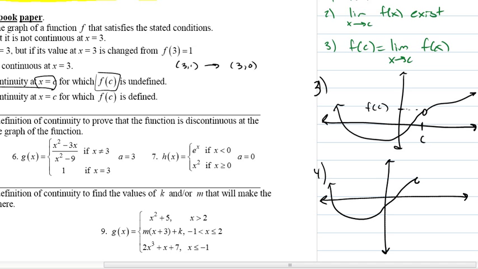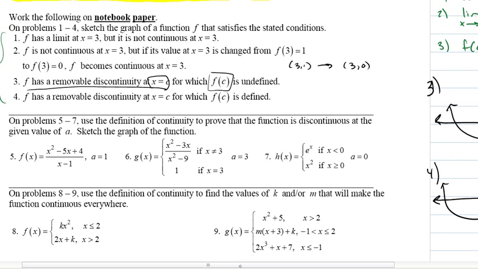So I'm going to draw it exactly the same. Here is c, except that now f of c is defined, but it's not exactly where the limit is, because it's still a discontinuity. So you can choose either up or down. It doesn't matter how you want to draw this, one of these two examples will satisfy number 4.